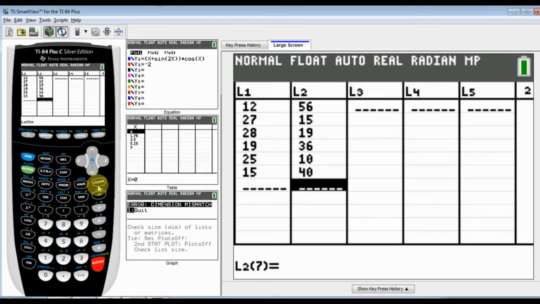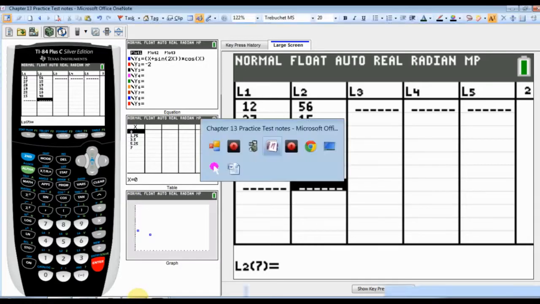Takes care of that. So 10, what is the equation of that regression line? Should probably screenshot this also.